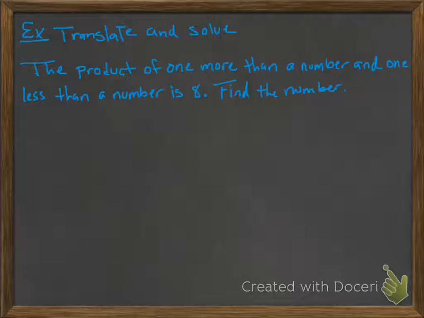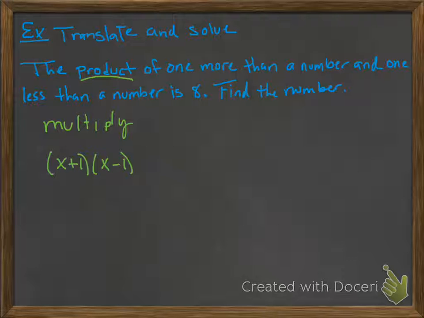So to go through my phases here, I think about I need to come up with product. Product means to multiply. So I know I'm going to multiply two different things, and my two different pieces are one more than a number, so x plus 1, times one less than a number, x minus 1.